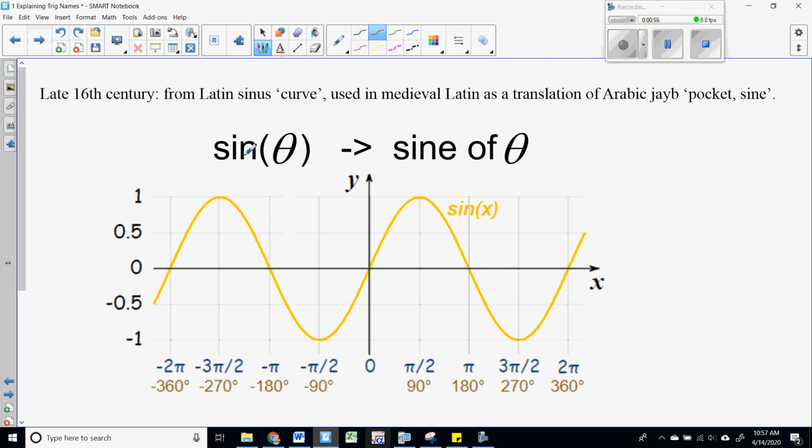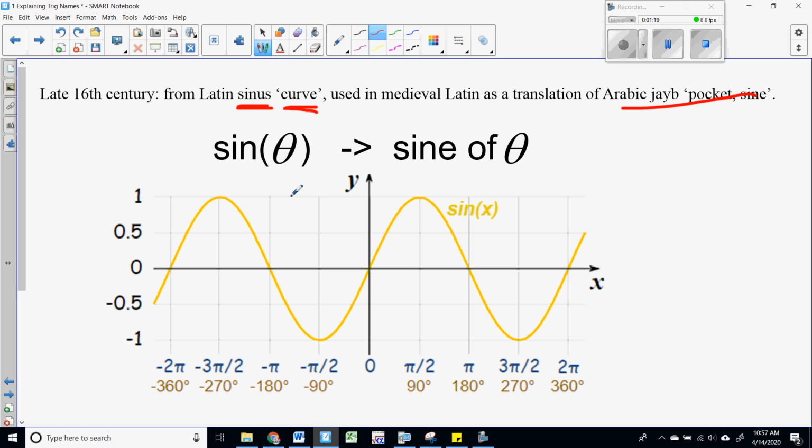The word sine comes from Latin, where sinus means curve. There's some connection between medieval Latin and going back to Arabic. But the most important part for us right now is that curve comes from this Latin word sinus. So obviously, by looking at the graph of sine of x, it's curved.